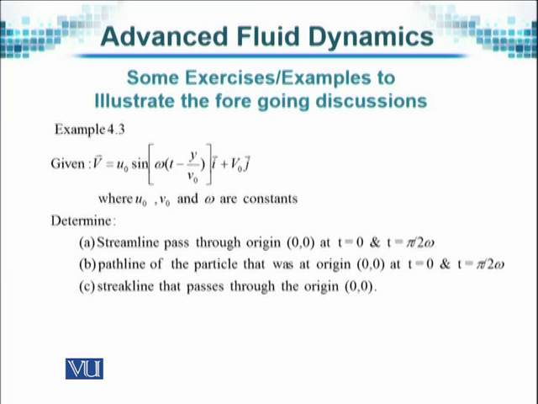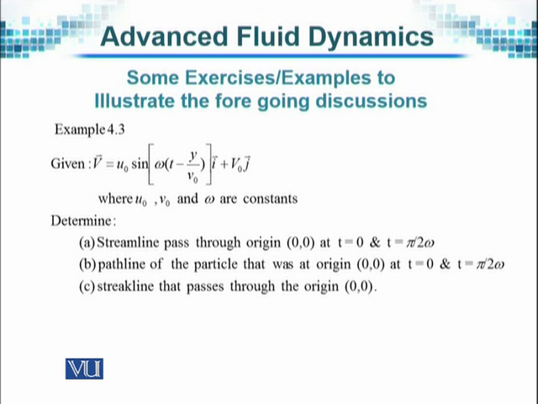We consider here another example, in which the velocity vector V is given as u naught times sine of omega t minus y over v naught in the x direction, plus v naught in the y direction.